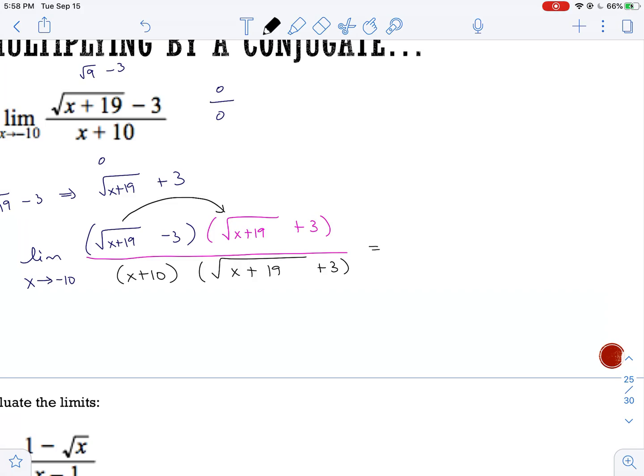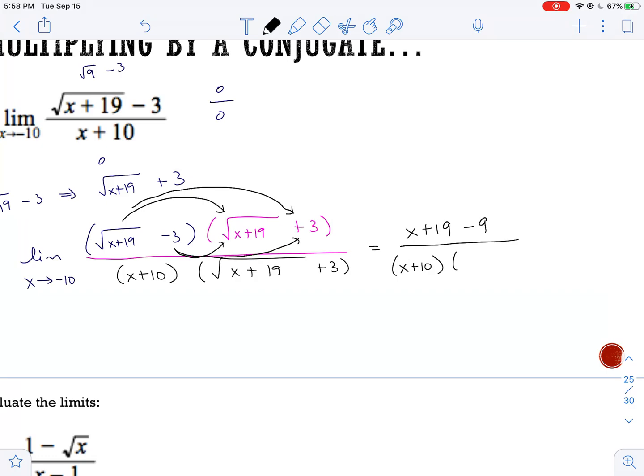So if I took the square root of x plus 19 times the square root of x plus 19, I'm just going to get x plus 19. And then if I took the square root of x plus 19 times 3, then I would have positive 3 of them. And if I took -3 times the square root of x plus 19, I'd have -3 of the same thing. Those are going to end up canceling each other out. And then if I distributed -3 times positive 3, I would get -9.